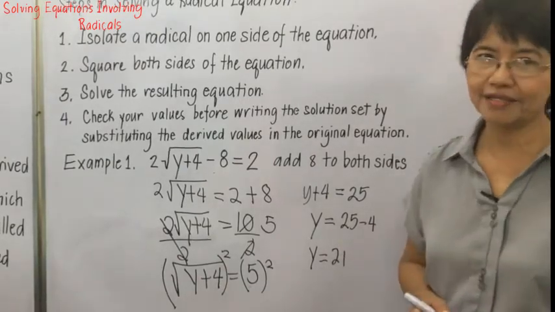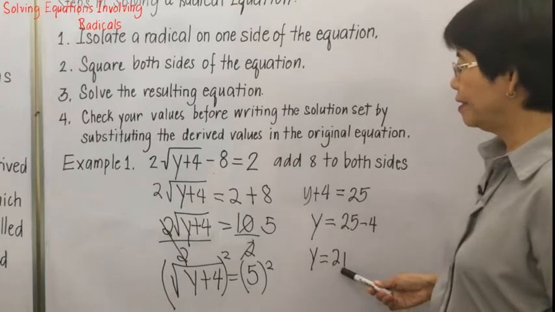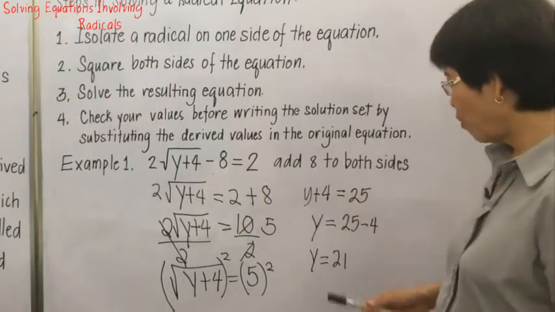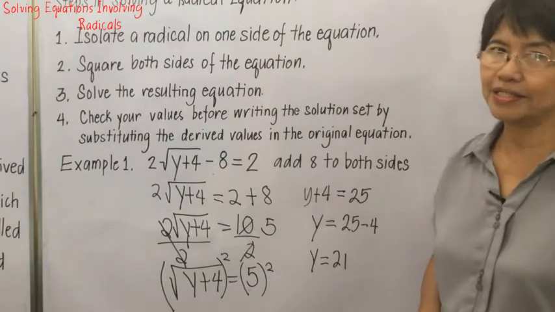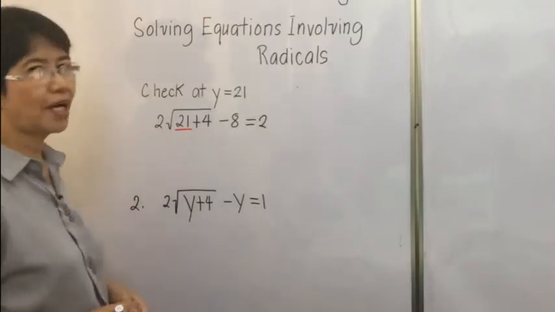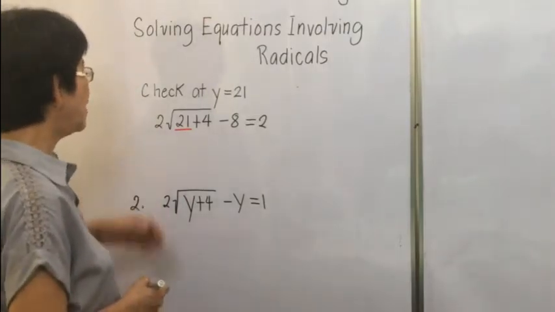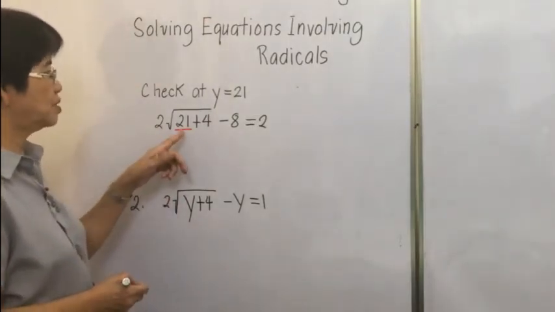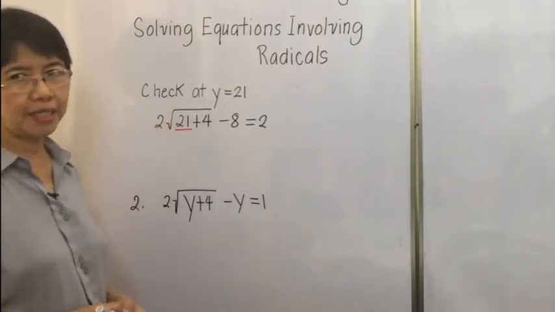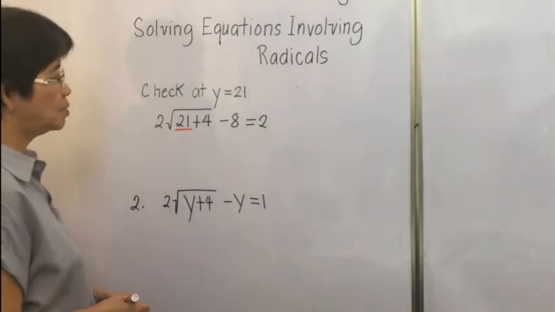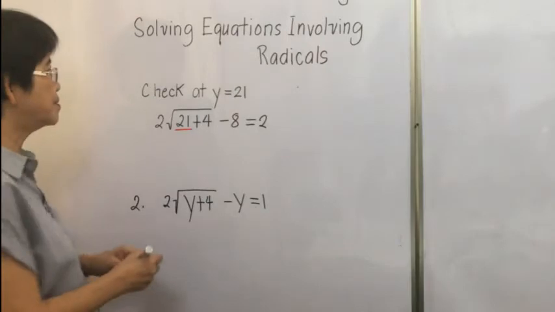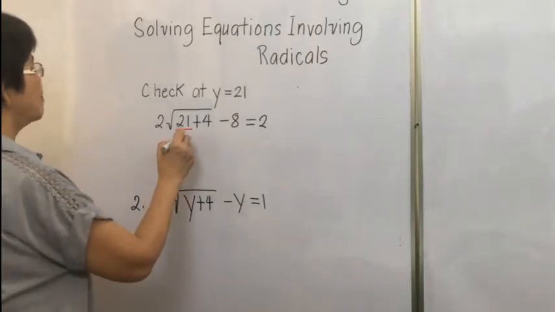Then we have to check the value of y against the original equation by substituting y is equal to 21. We have 2 times the square root of 21 plus 4 minus 8 is equal to 2. So 21 plus 4 is square root of 25, and the square root of 25 is 5.